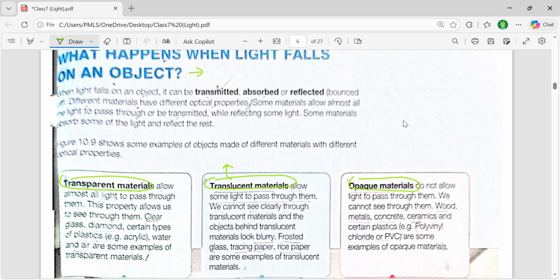A glass plate, so that's the example of a utensil, but usually the scales you have in your stationery are also translucent. And the transparent materials are those from which all light can pass, and the opaque materials are those from which light cannot even pass. So these are different materials.